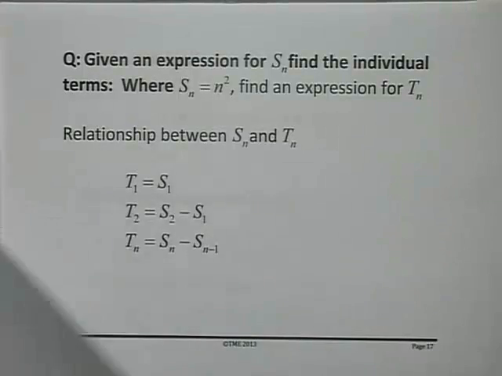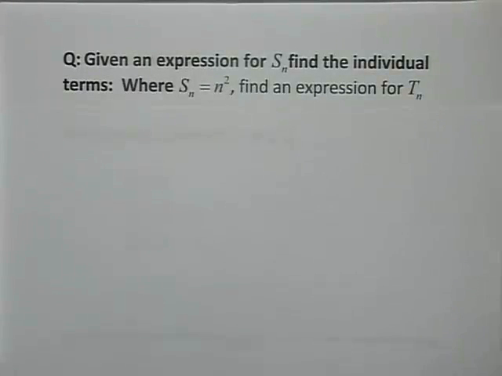Now, this is the question that I said is not in the formula tables in terms of the associations between S's and T's, but it's just that common understanding that we picked up earlier.